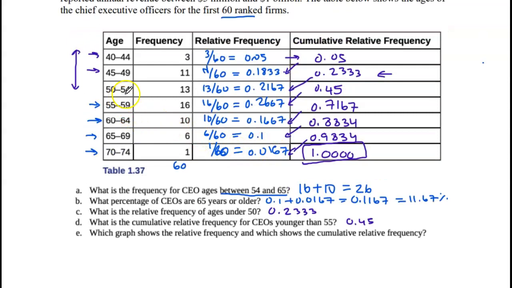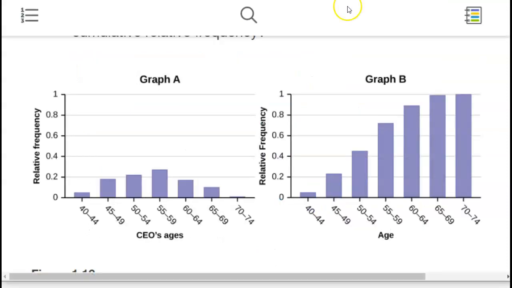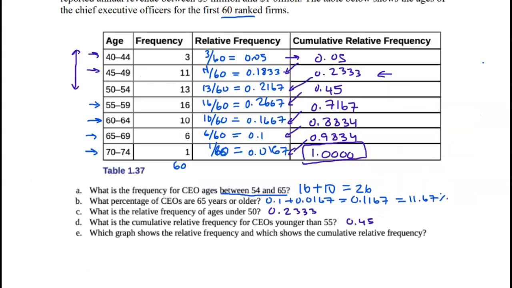Right? 50 to 54 is just over 0.2, 0.2167. And the cumulative relative frequency graph should be steadily increasing because you keep adding the frequencies on. You start with the first bar being the same as the one in the relative frequency graph, and then the last bar should be 1. So this is the cumulative relative frequency graph. All right.